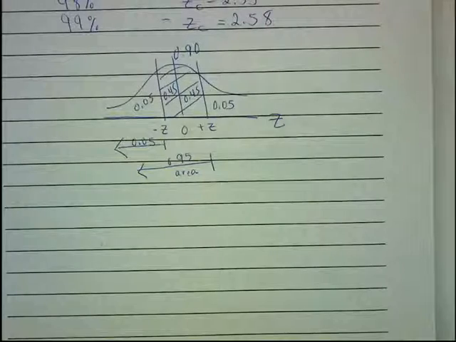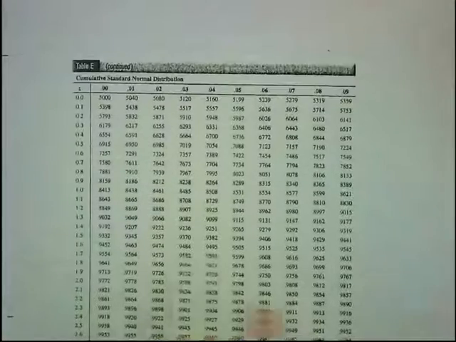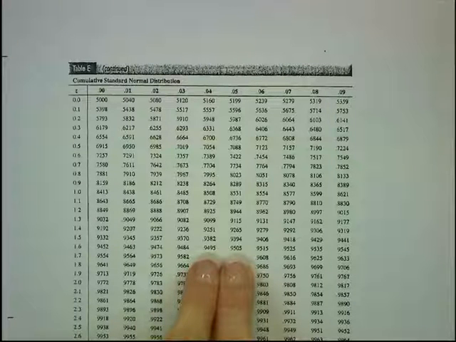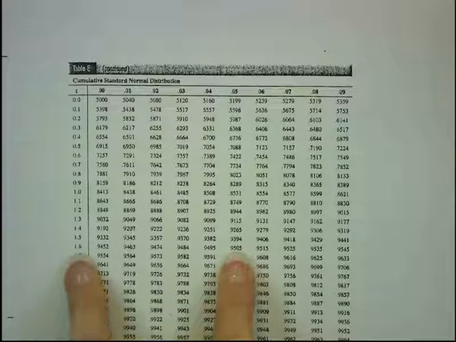And for the 0.95, it falls halfway between these two values. So go with the z-score that gives you the larger absolute value, and again, that's positive 1.65. So go with the 0.9505. That z-score 1.65 has the larger absolute value.